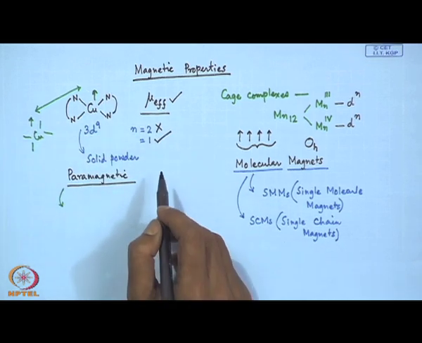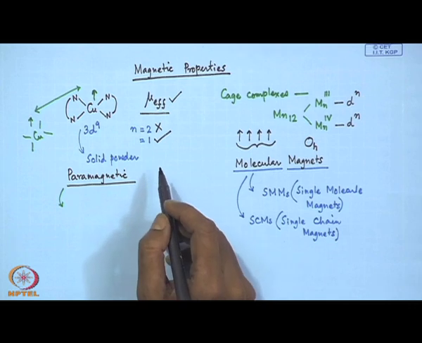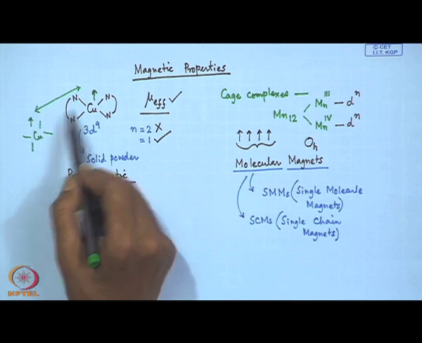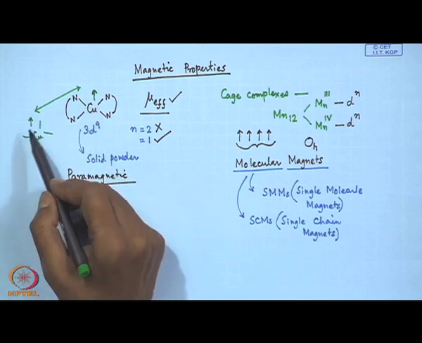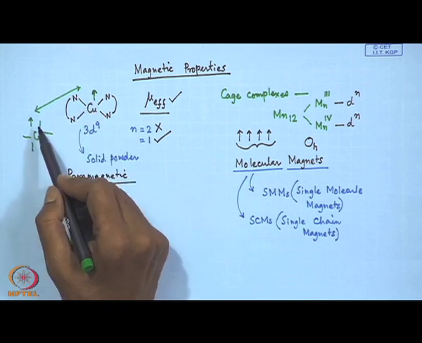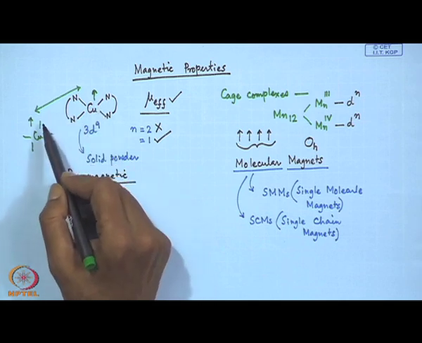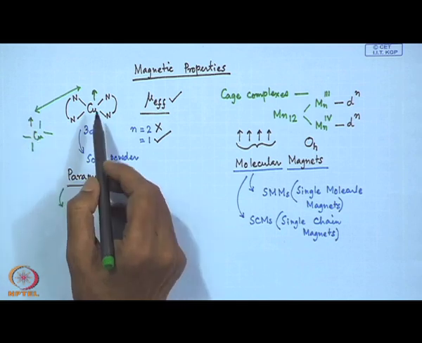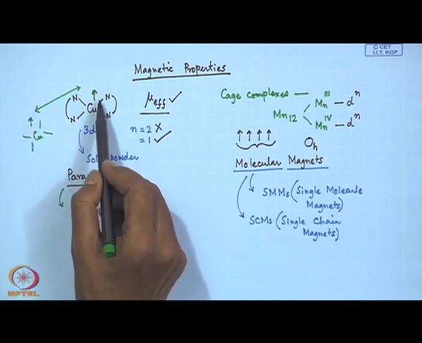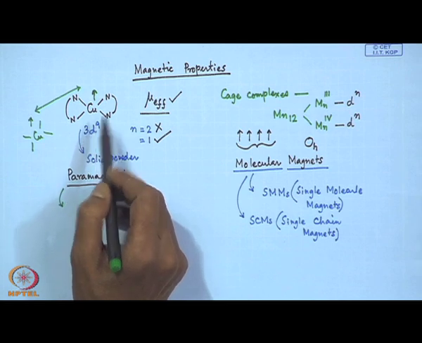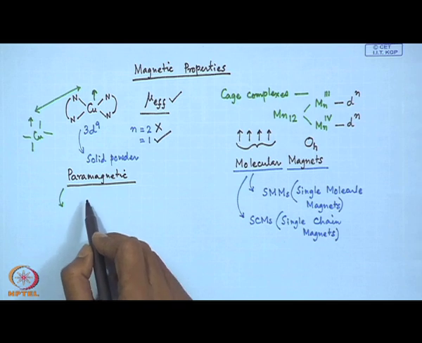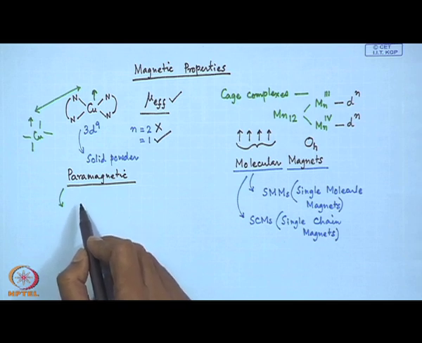That means, if these two unpaired electrons are close enough, they can interact with each other, and sometimes they can share, such as two magnetic orbitals: the magnetic orbital of this copper center can interact with the magnetic orbital of the second copper center, and as a result we can have 2 or 3 different types of magnetic interactions.